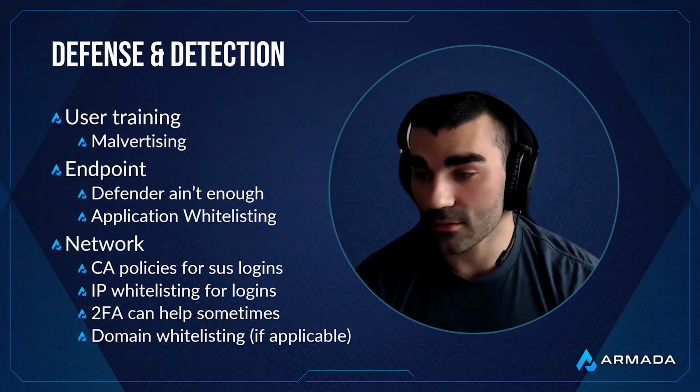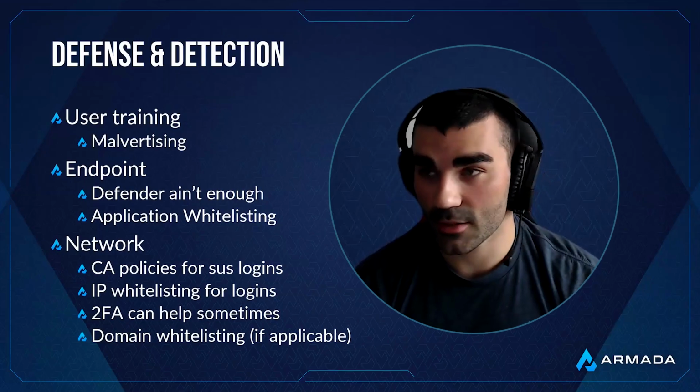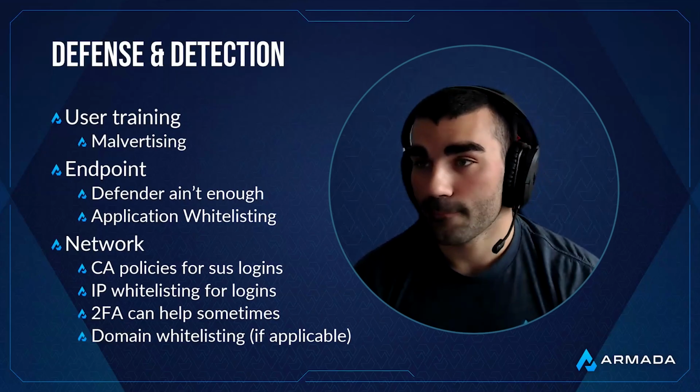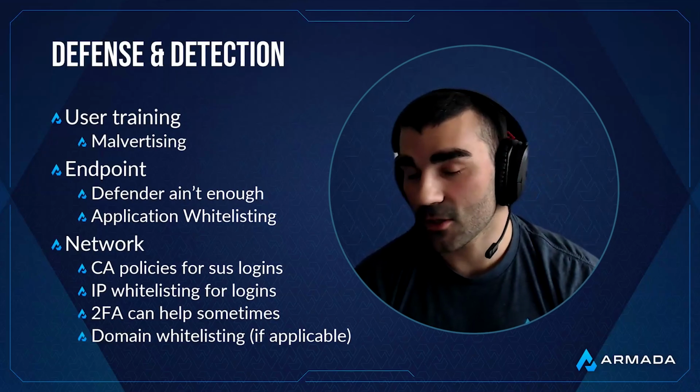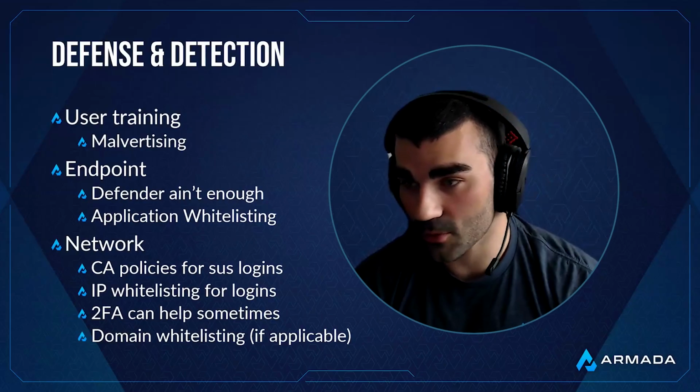Telegram should honestly probably be blocked, but Discord and stuff like that, Dropbox, these are legit services that it's going to be hard to block without causing some sort of disruption in the org.